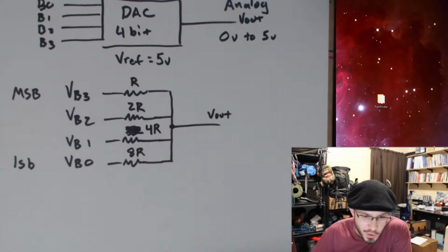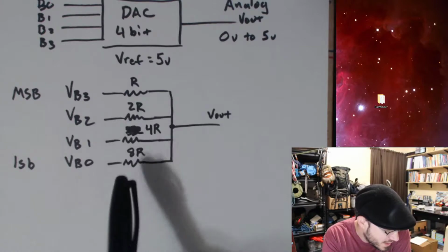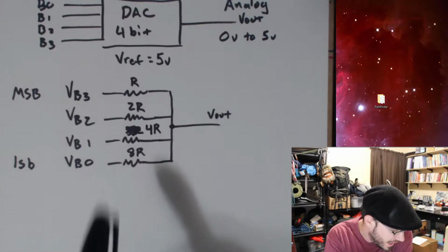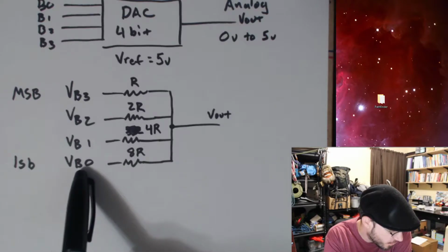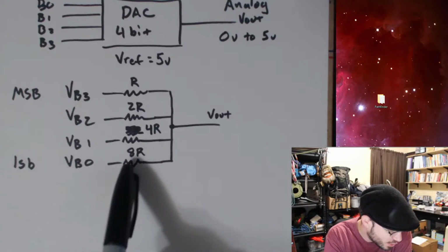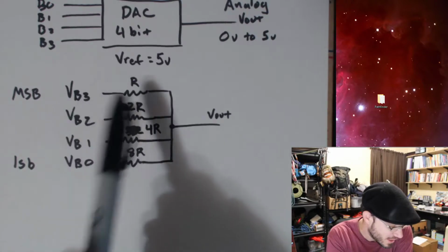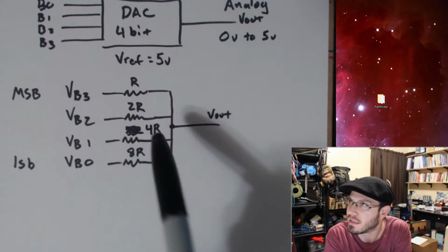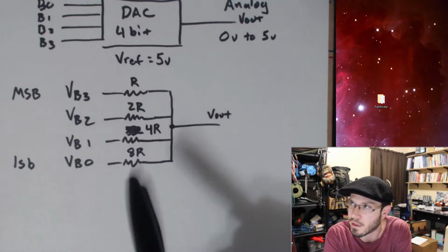Now, like I showed with LT Spice last time, you're taking the weighted sum of whatever the bit is that is applied here. So if we had, let's say, 5 volts for B0, that only contributes through the higher resistance, where our most significant bit goes through the smallest resistance value.